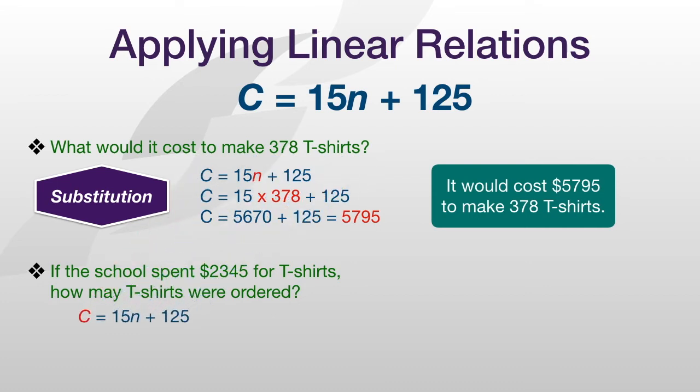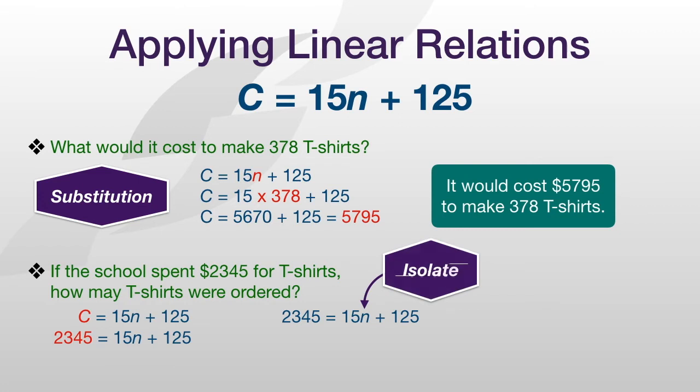For the next problem, this time we are given the total cost, so we need to substitute for C. We now have an equation that we need to solve for the variable n. To do so, we need to isolate n, which means to get it on its own. A first step we can do is to subtract the 125 away from the right side.